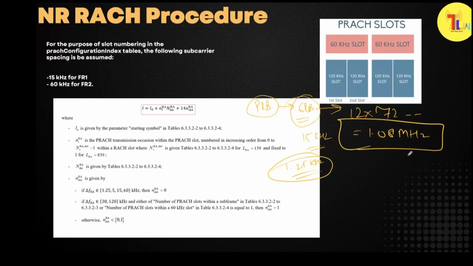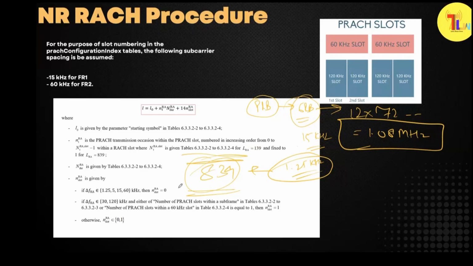So for that reason I'll be using 1.25 kilohertz, and then I'll come up with 839 root sequence indexes, the subcarriers, and there will be some guard band also, using this total 1.08 megahertz. So this is how this will be calculated.